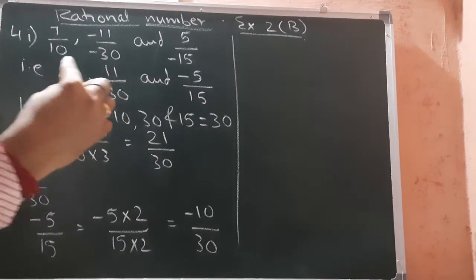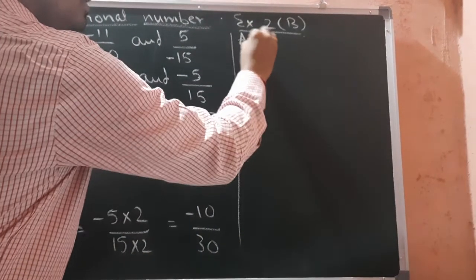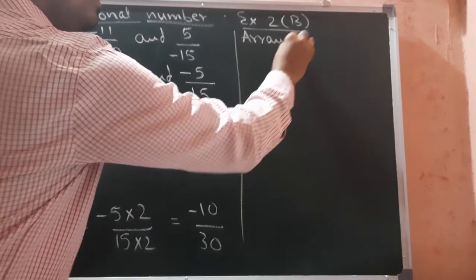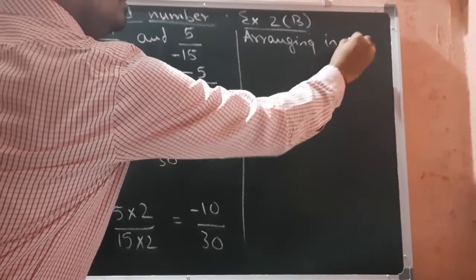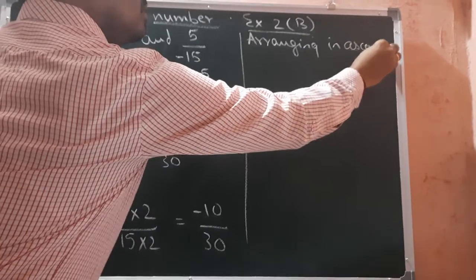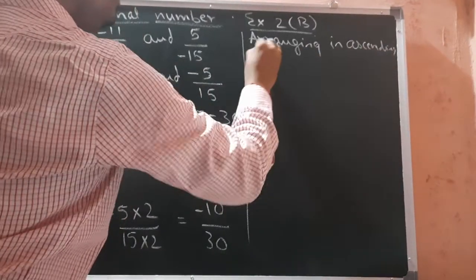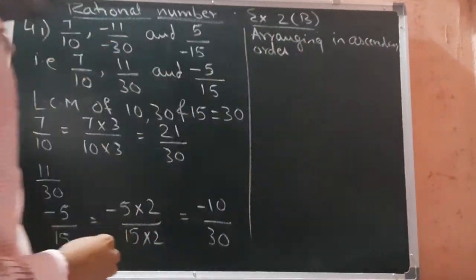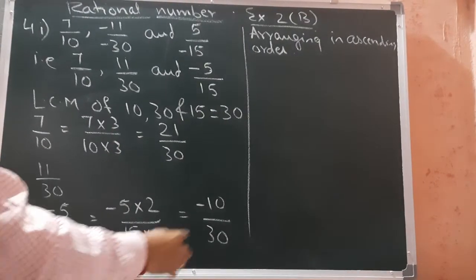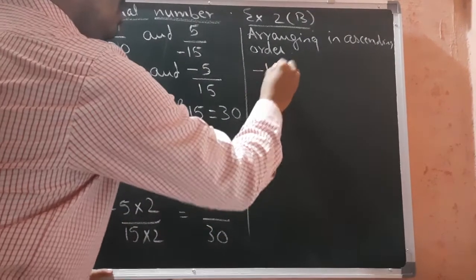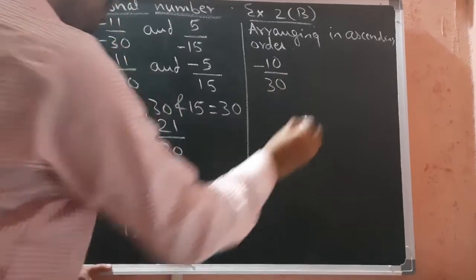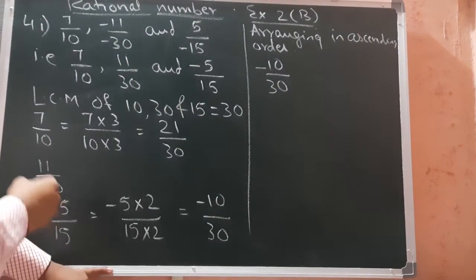Ascending order means we have to arrange from small to big. So the smallest number we have is minus 10 by 30. Then we have 11 by 30.